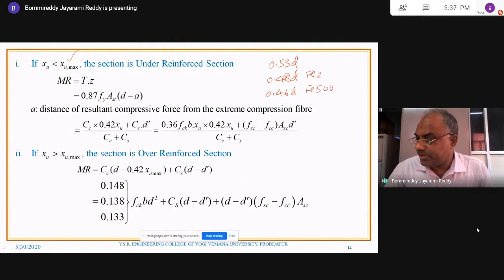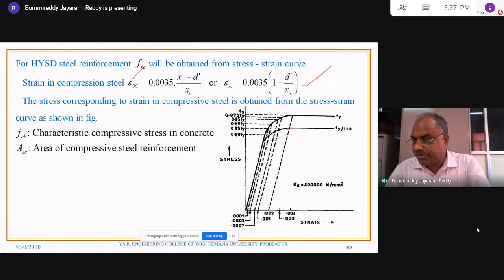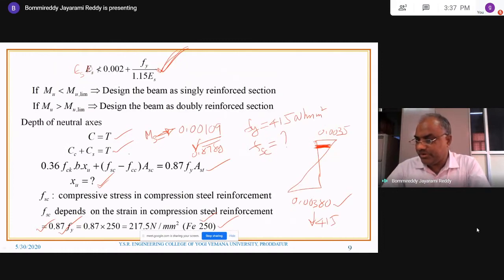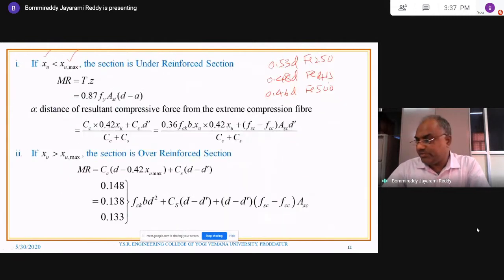So these are the magnitudes of the limiting depth of the neutral axis for three different grades of steel reinforcement. So how do you calculate XU? XU can be found by this procedure, equating the compressive force and the tensile force. And based on this formula, you can also find out XU maximum.